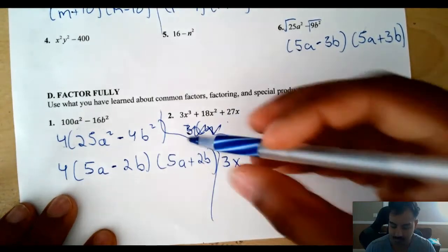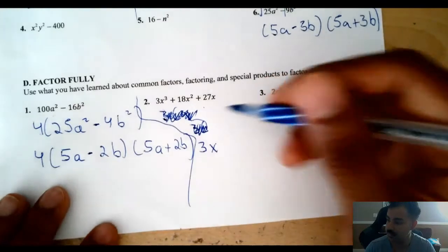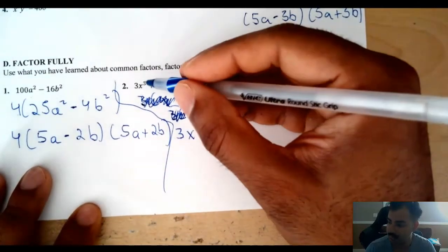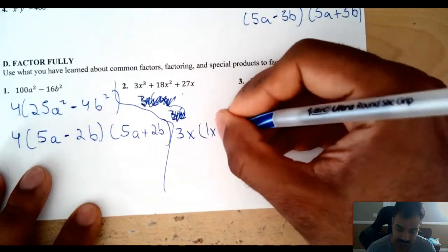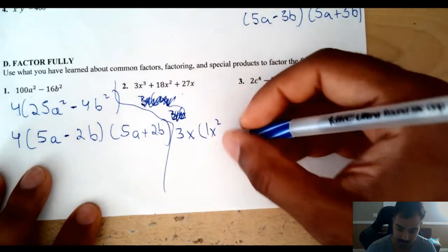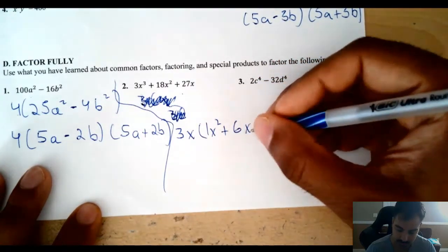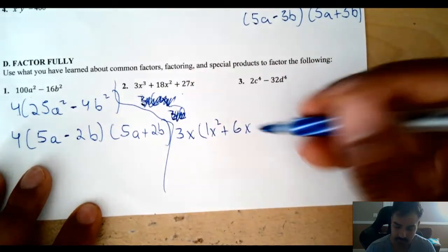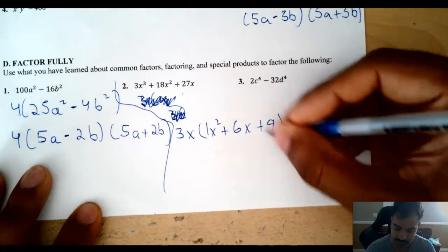This is why you use pencil, not pen, but pencil seems to not show up really well in the document camera. So 3x times x squared gives us 3x cubed. 3x times 6x gives us 18x squared. And finally, 3x times 9 gives us 27x.